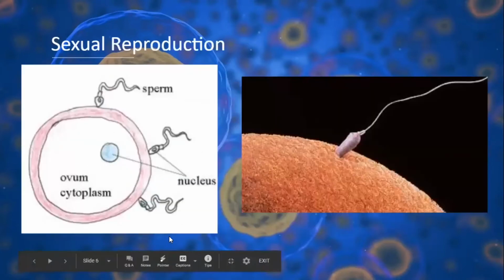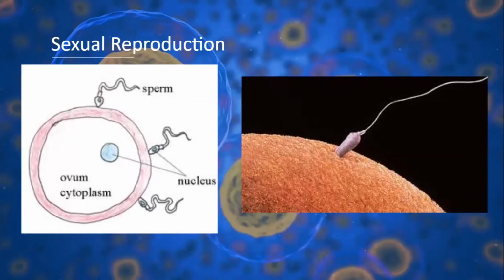Sexual reproduction. We've talked about egg cells and sperm cells, and what they're involved in is sexual reproduction. Egg cells and sperm cells are specialized for reproduction. In sexual reproduction, the nucleus of an egg cell fuses with the nucleus of a sperm cell to create a fertilized egg, which then develops into an embryo.